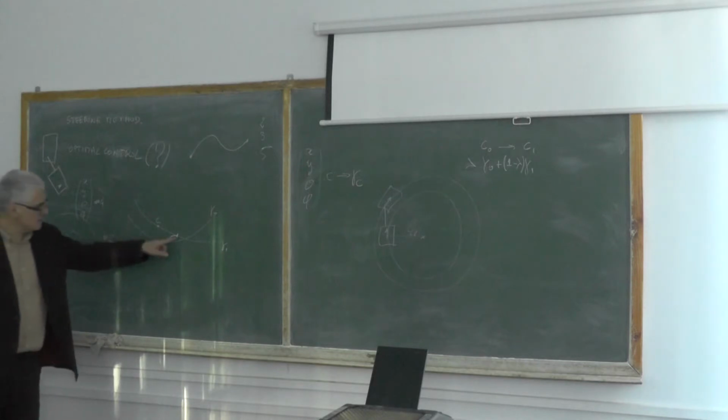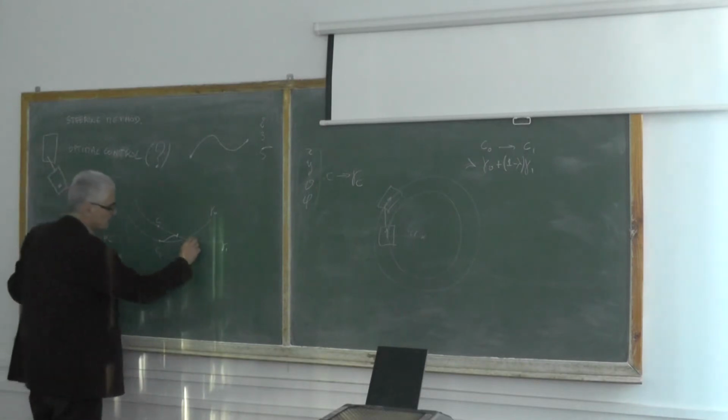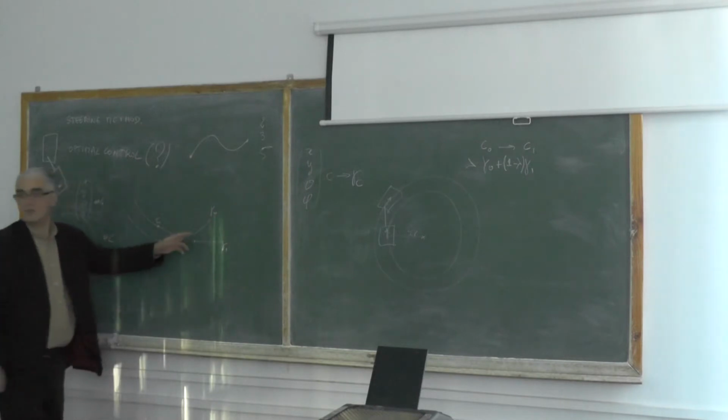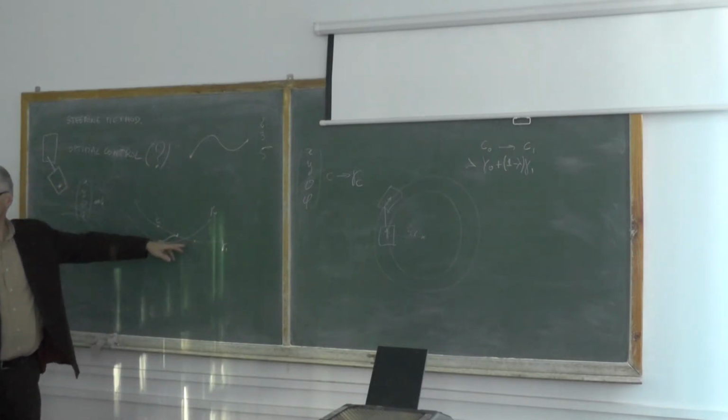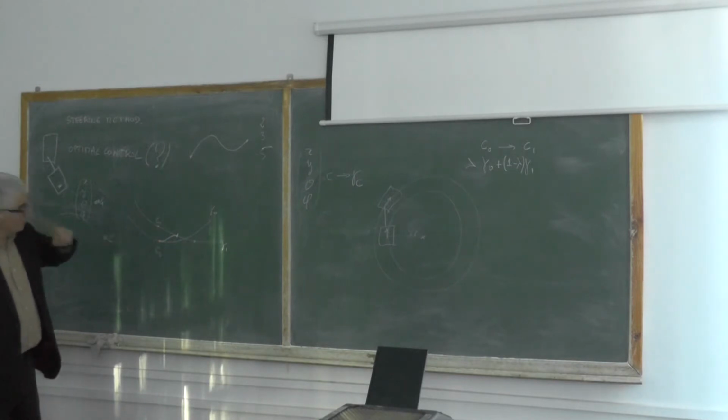And once you are at that point, you are making a backward maneuver, except of course if C1 is here, you have a direct path here. But if C1 is here, you have that.